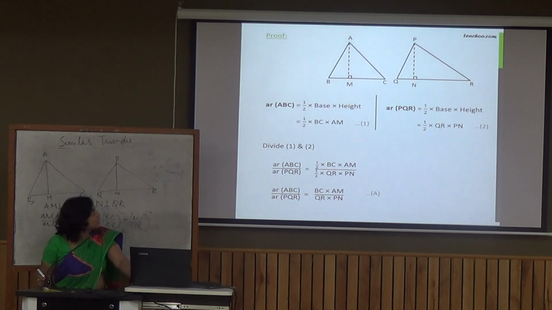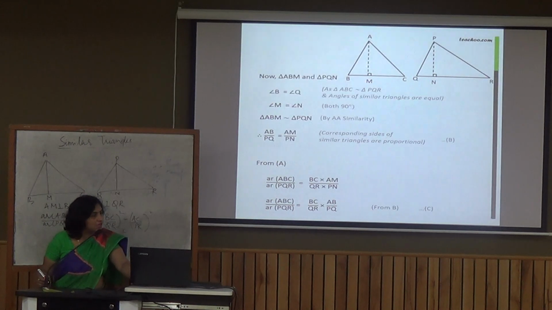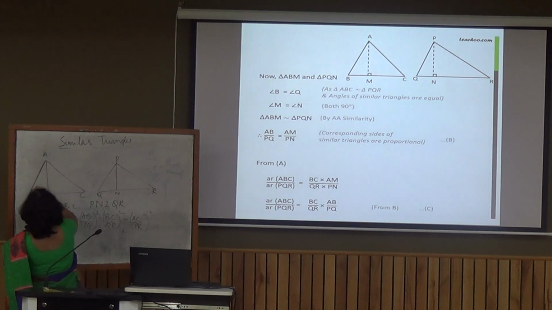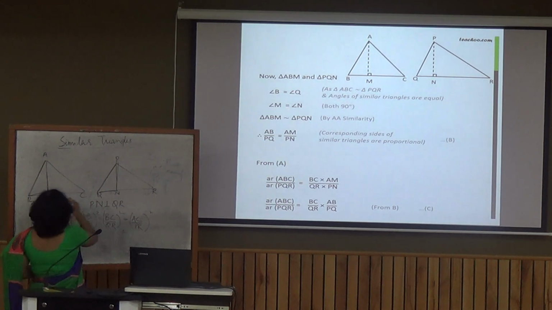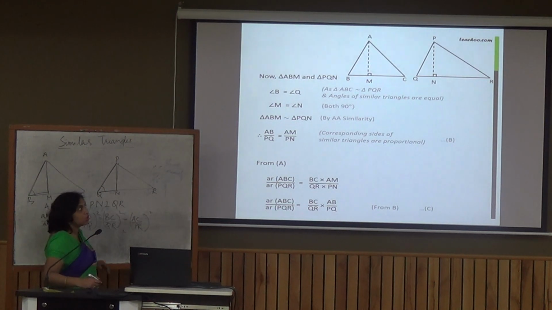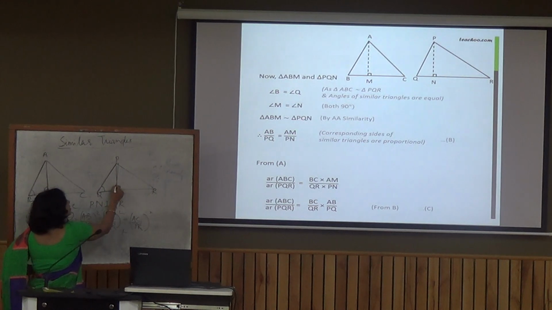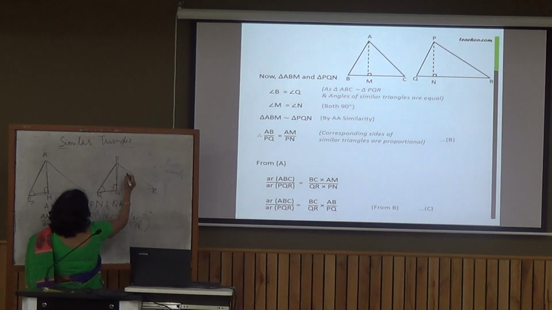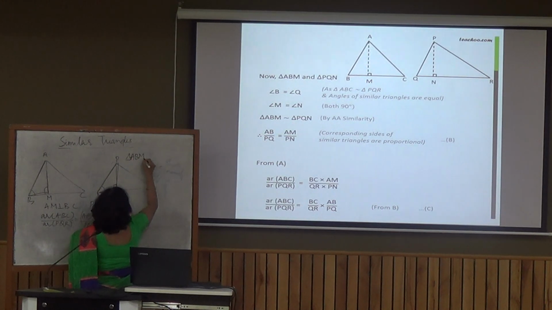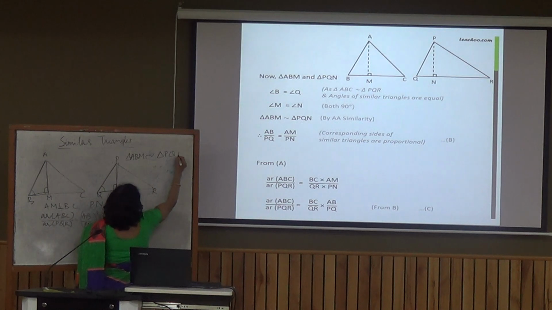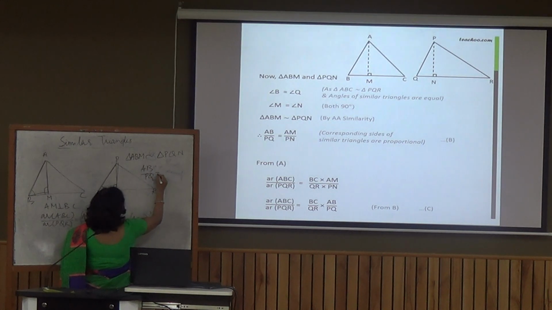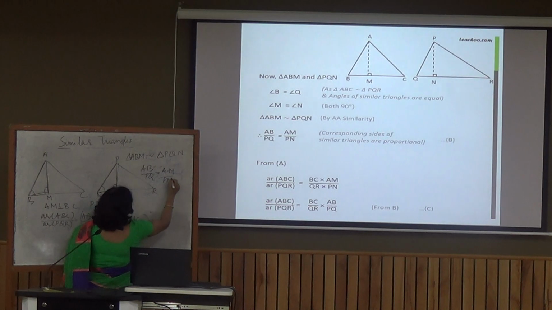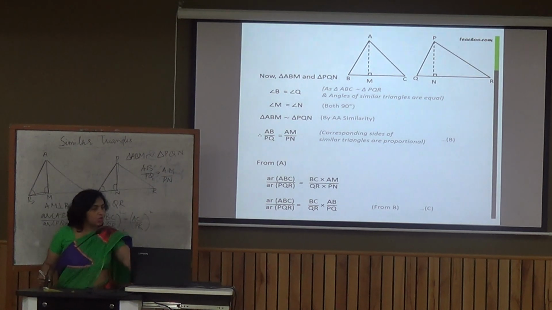Let's see if we can replace this perpendicular, or the altitude, with some other side. Now if we consider triangle ABM and triangle PQN, here we have these two angles already equal because the triangles are similar. This angle is 90 degrees, so we can say triangle ABM is similar to triangle PQN, and then AB upon PQ is equal to AM upon PN, which can be replaced in our earlier equation.